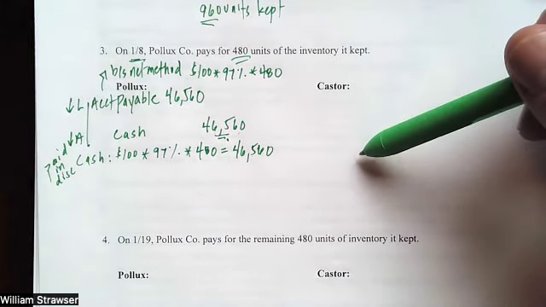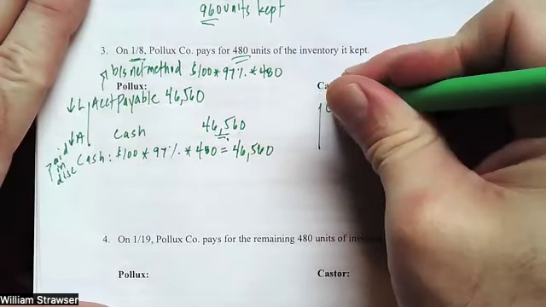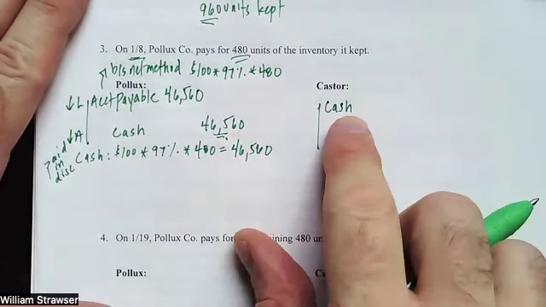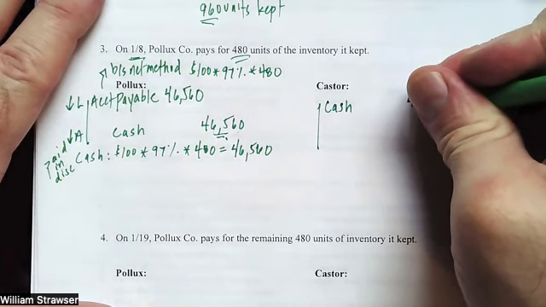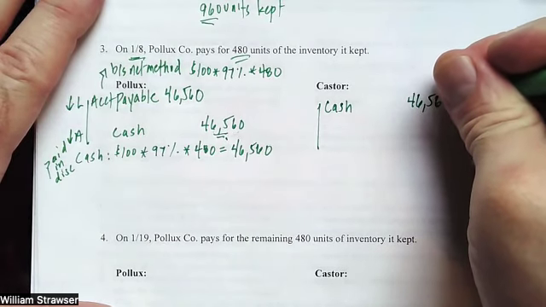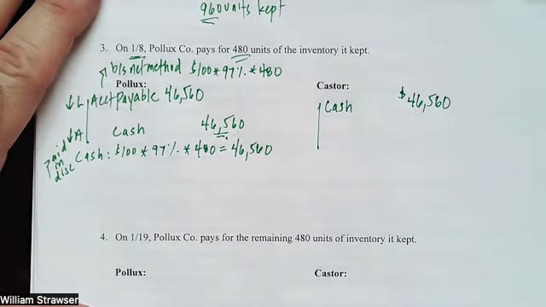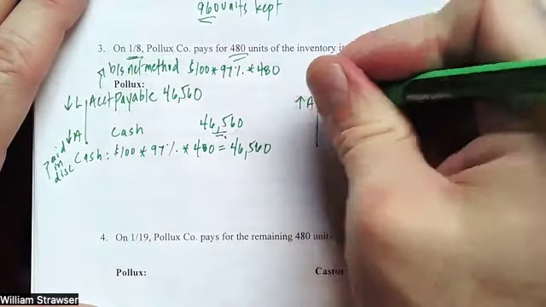Will it align for Castor? Let's see. So Castor receives the cash. And in a counterparty transaction, the cash will never be distinct because the amount of cash exchanged is true for both parties. There's no accounting conventions that can change the exchange of physical cash. And so this is always going to be recognized at the same amount.